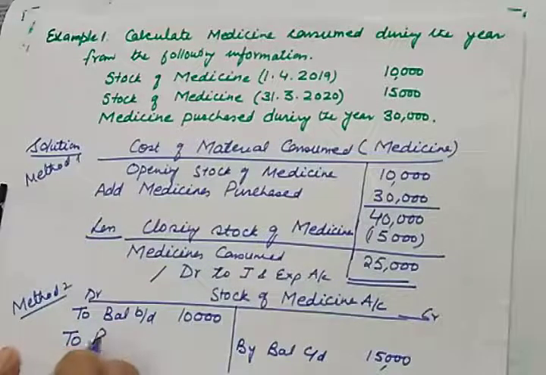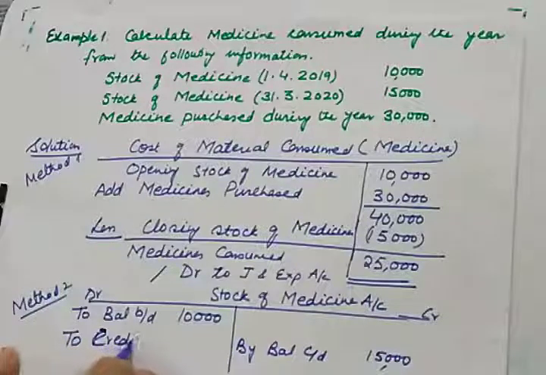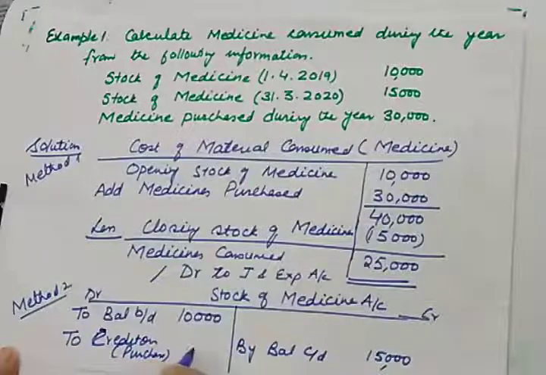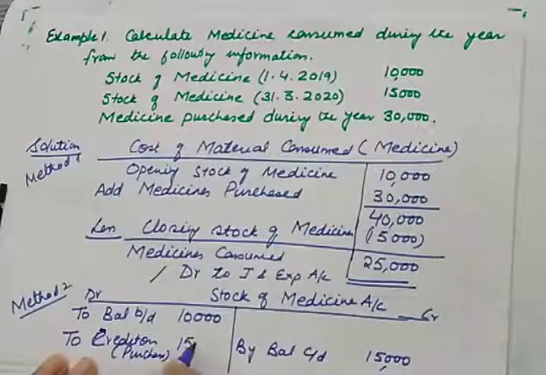So purchases are given to us. It can be cash or it can be credit. We are assuming that these are credit purchases. For that we'll write creditors. Purchases are given to us as 30,000.